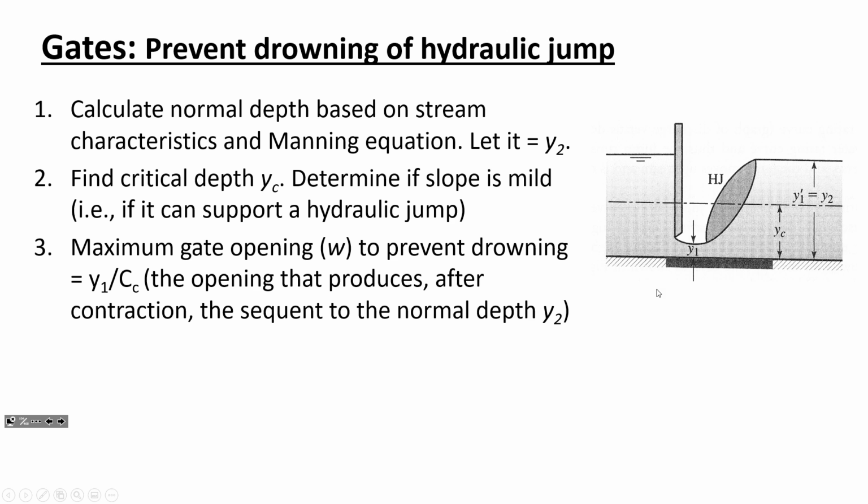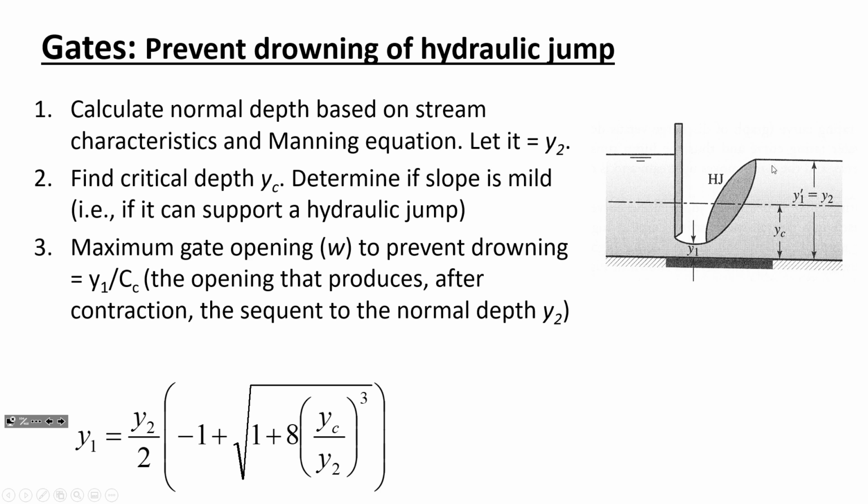So how high you can open up the gate would be the normal depth divided by the coefficient of contraction. That's just going to tell you the opening that corresponds to the smallest upstream depth that corresponds to jumping to the normal depth downstream.